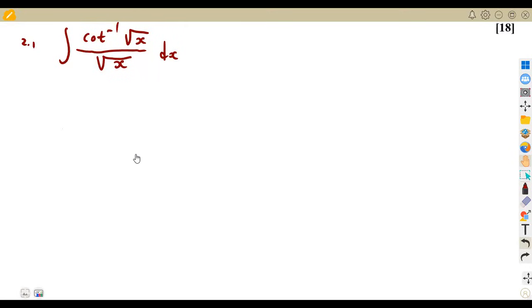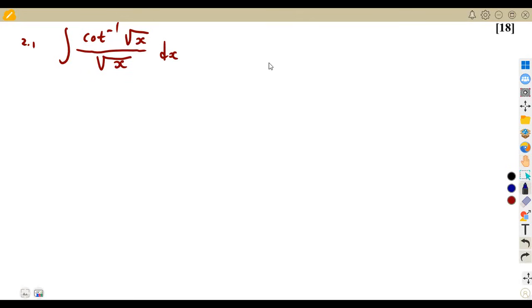When we are given certain inverse trigonometric functions, arc cot, arc tan, arc sine, arc cos, we can use by parts. The question is, how can we use by parts while there is this square root?